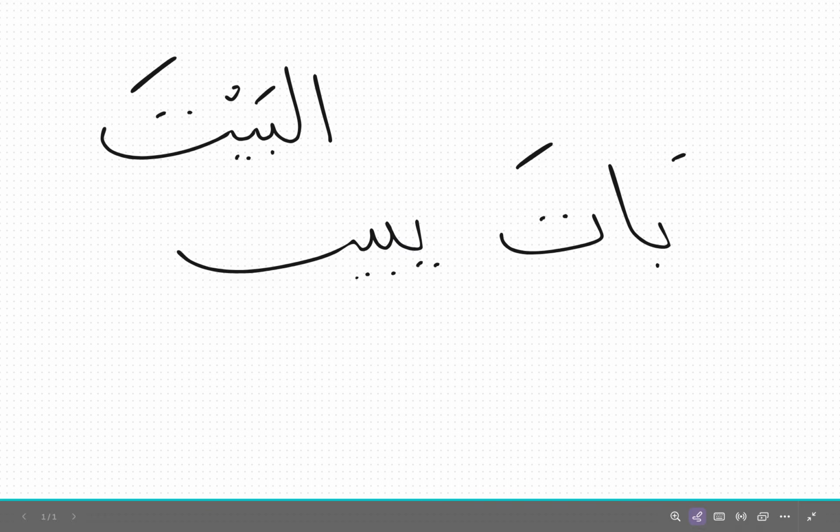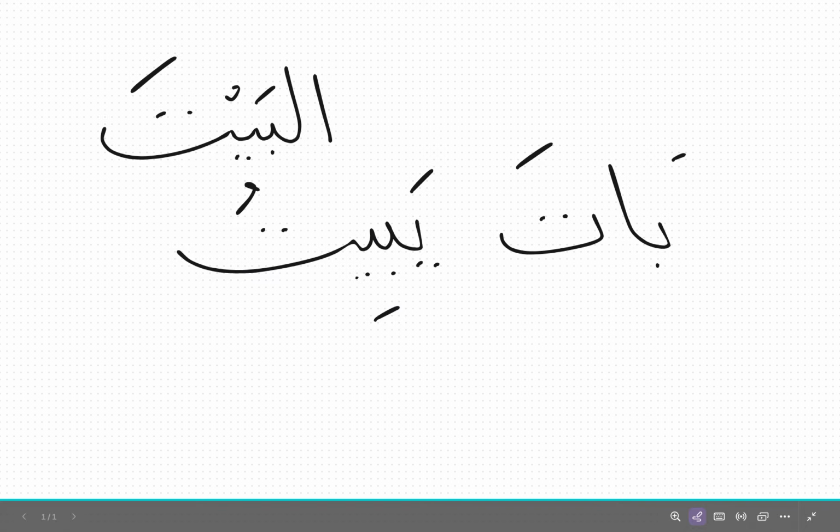Alright, baytutatan if you want the masdar, but I don't think most people use the masdar. So bata yabitu, like Allah subhanahu wa ta'ala said in Surah Al-Furqan, وَالَّذِينَ يَبِيتُونَ لِرَبِّهِمْ سُجَّدًا وَقِيَامًا. And those who spend their night for their Lord in a state of prostration and standing. Basically, they spend their nights praying to their Lord.